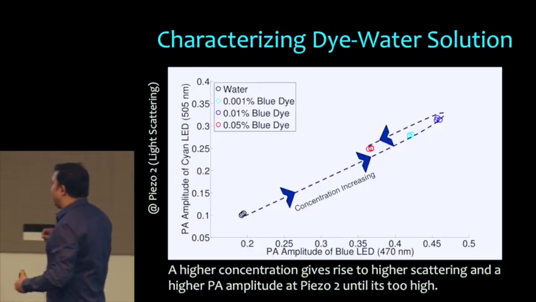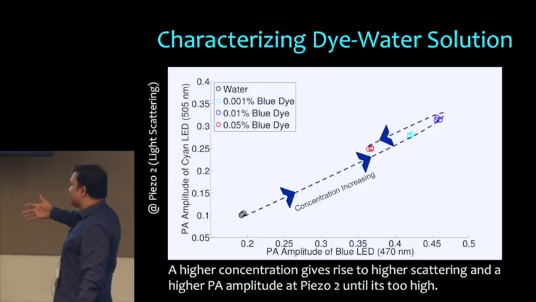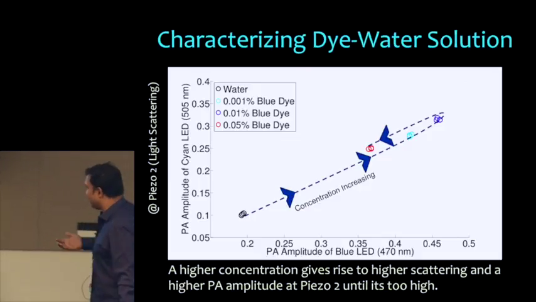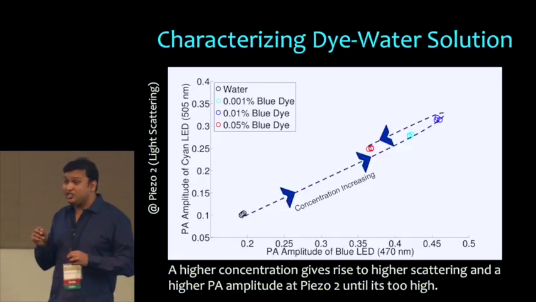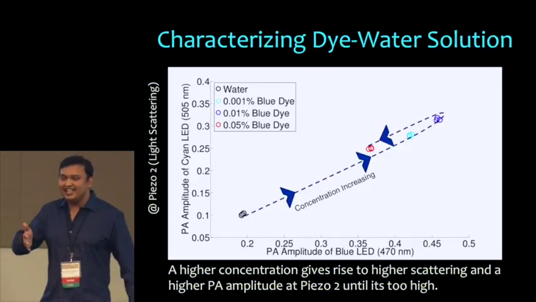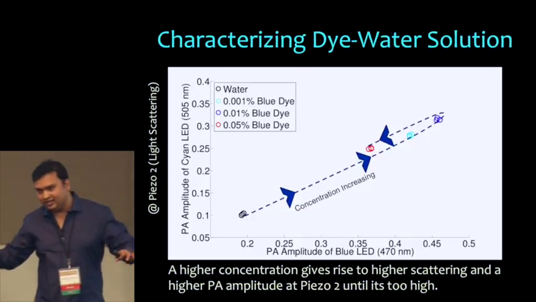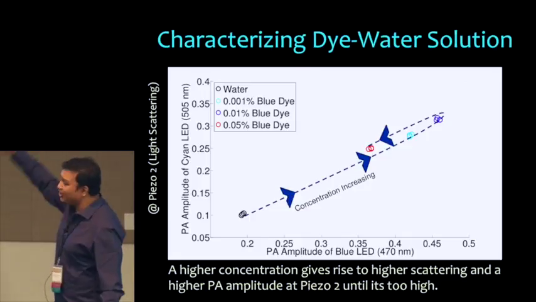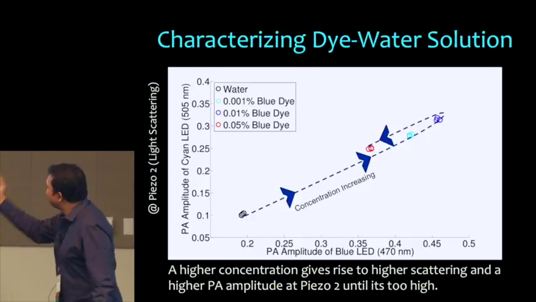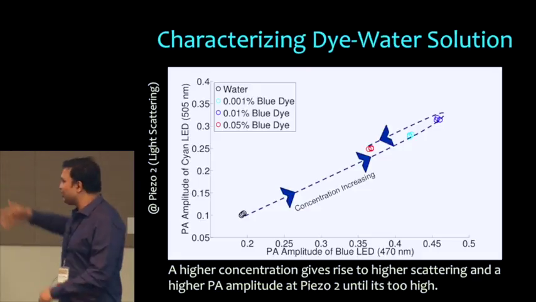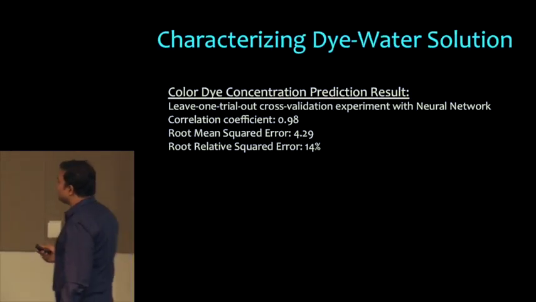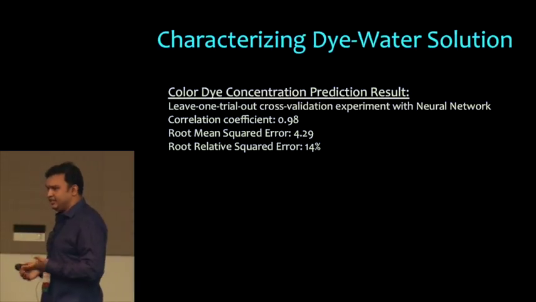So a higher concentration gives rise to a higher scattering and a higher photoacoustic amplitude at piezo2. But if the concentration is too much, then it cuts off the light altogether, which yields an even lower signal. So there is a point where it comes back as we increase the concentration. Anyway, we can see there is some non-linearity in the system.